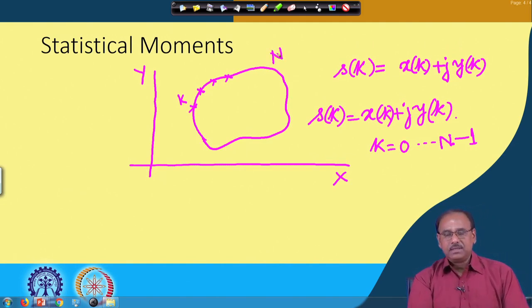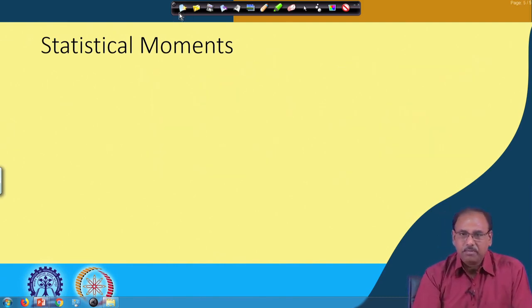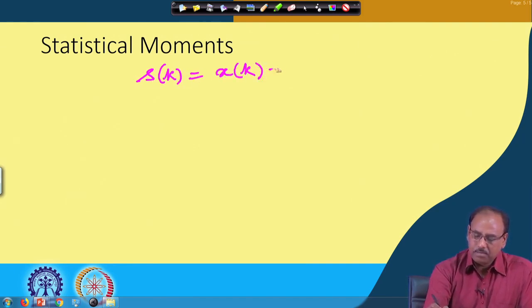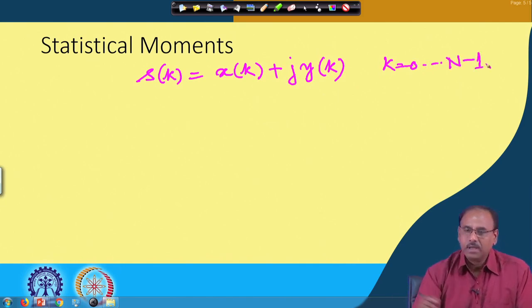So, once I have this, this sequence of numbers can be represented by their Fourier coefficients. For that I have to take the Fourier transformation of this sequence of numbers. So, I had the sequence of numbers Sk given by xk plus j times yk, k varying from 0 to capital N minus 1.